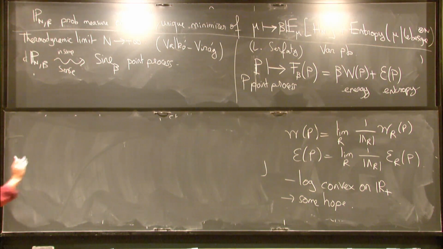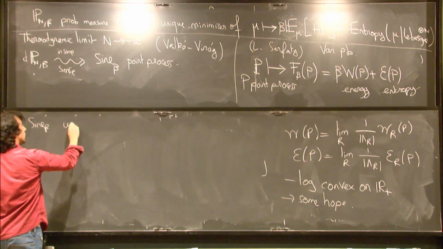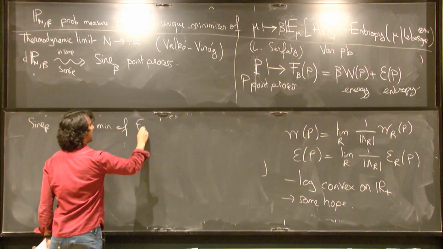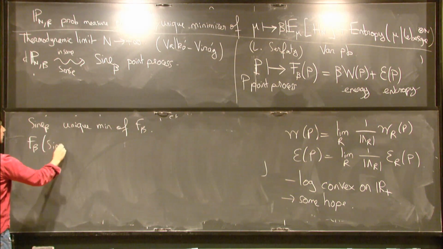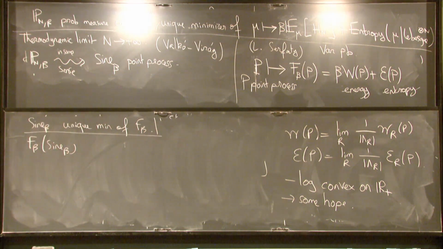So maybe to summarize this, at the end of the day, you learn that sine beta is the unique minimizer of F beta. So what are the kind of questions you can ask? Well, you compute the free energy of this. That's a real number.